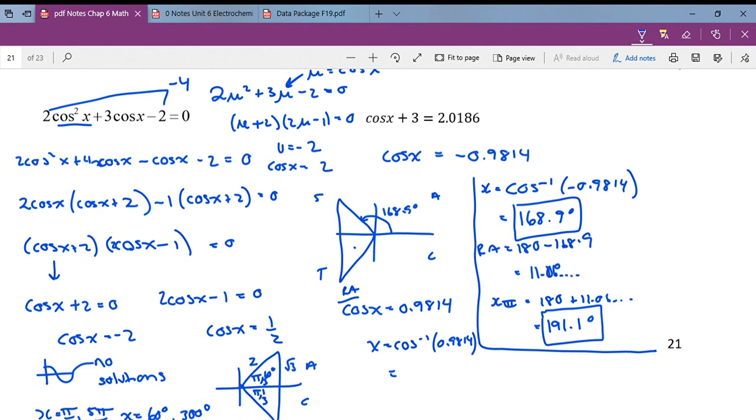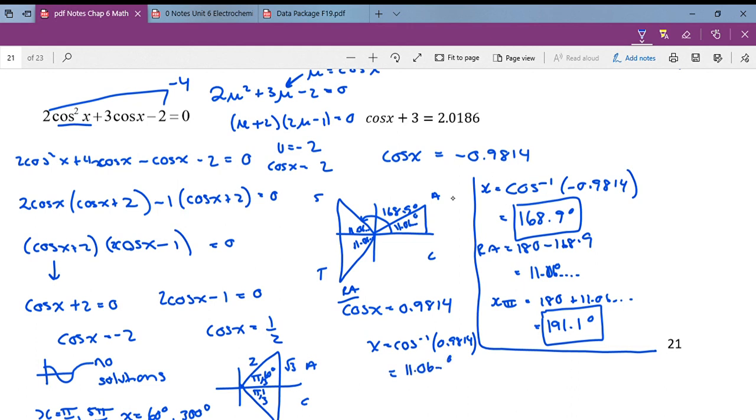So inverse cos of 0.9814 always gives me my reference angle. Then I can put that reference angle into the other quadrants. So you have to know how to draw the picture. You have to know where you want the two answers to be, but I always type in the positive because then I get my reference angle right away.